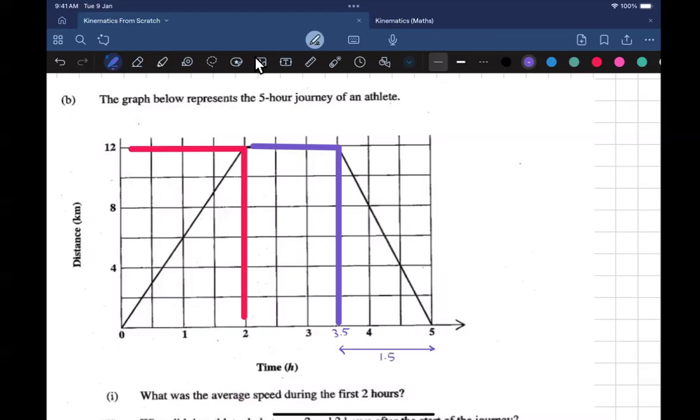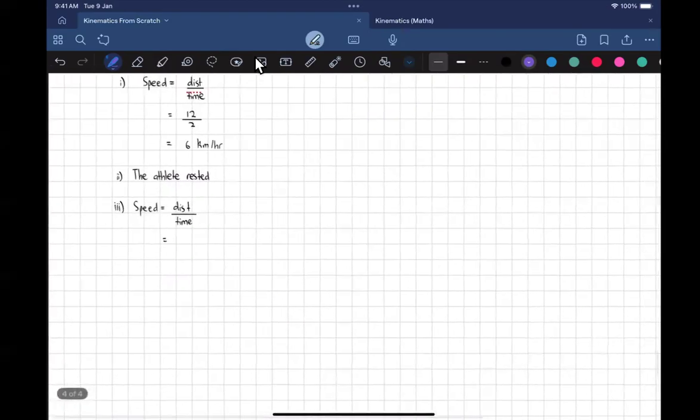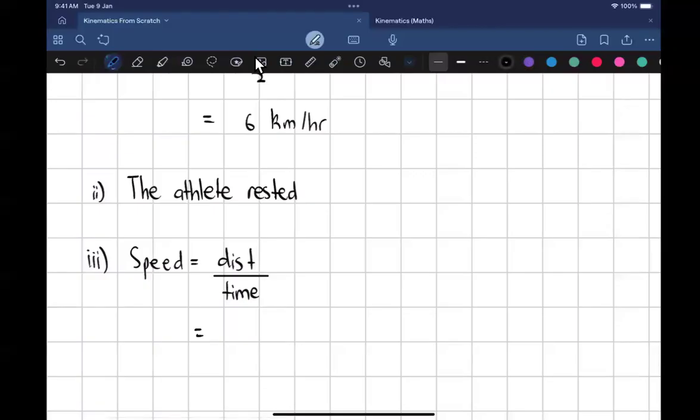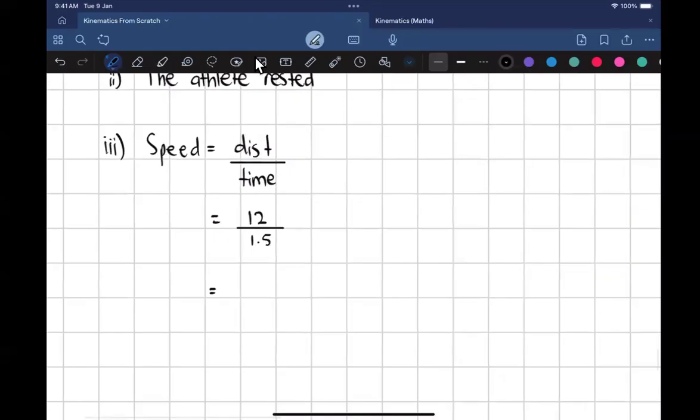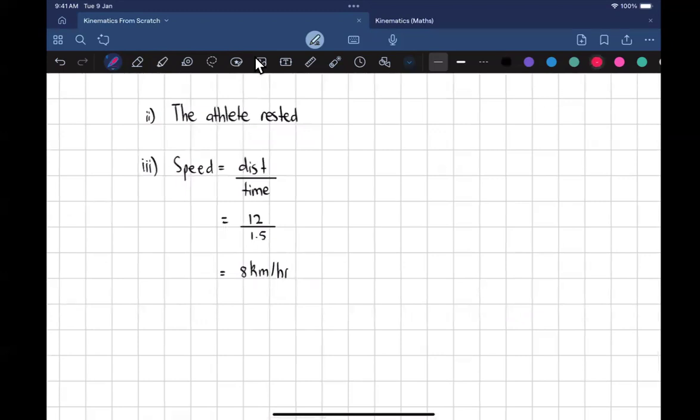Because 1 plus 3 is 4, and 3.5 is 1 again, so 4 plus 1 is 5. 1.5. Yeah. So the distance is 12, the time is 1.5. The answer is 8 kilometers per hour. 8 kilometers per hour. And I'm going to add some additional questions.